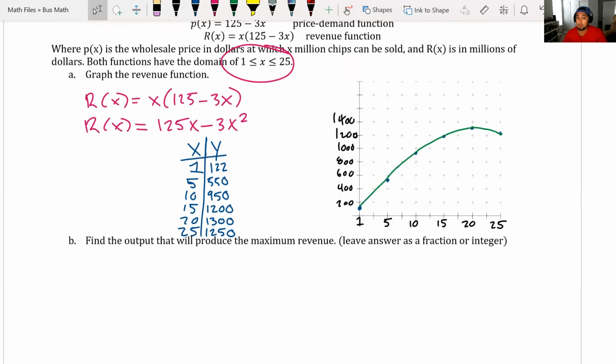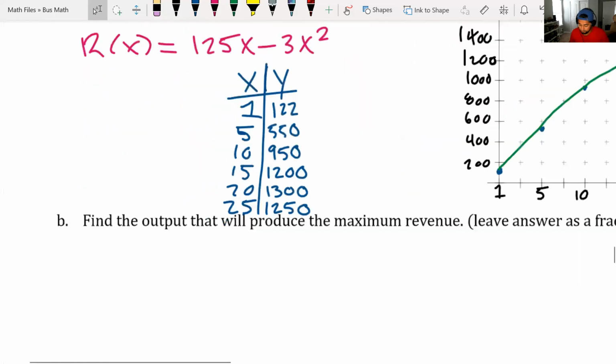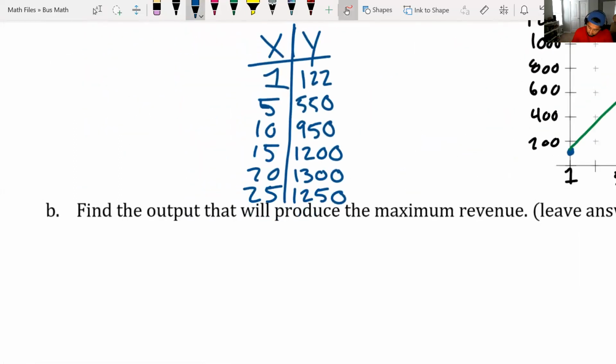So R of x is a quadratic function. 125x minus 3x squared. So I'll rewrite it down here. Is a quadratic function. Oops, don't forget the x. 125.